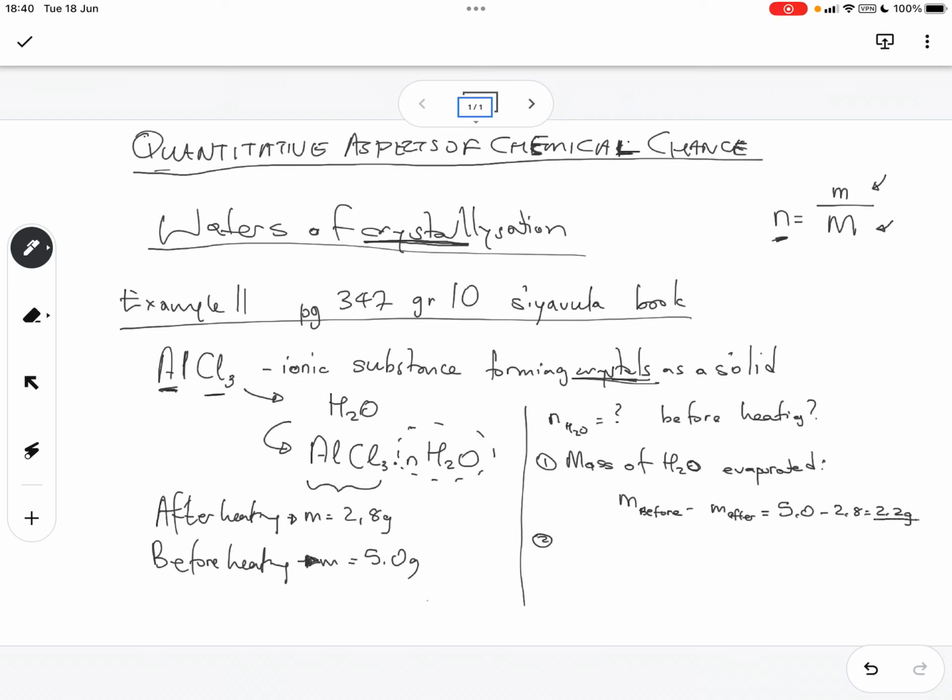With that mass, the next step we can do is find the mass ratio. This mass ratio is going to be the mass ratio of aluminium trichloride to water. So we've got 2.8 grams compared to 2.2 grams. Think about it like when you're mixing Oros or Wild Island, there's always a ratio.